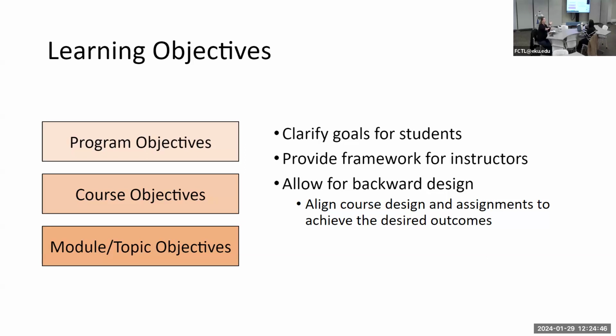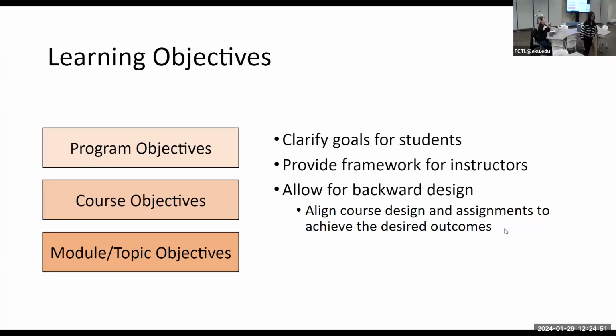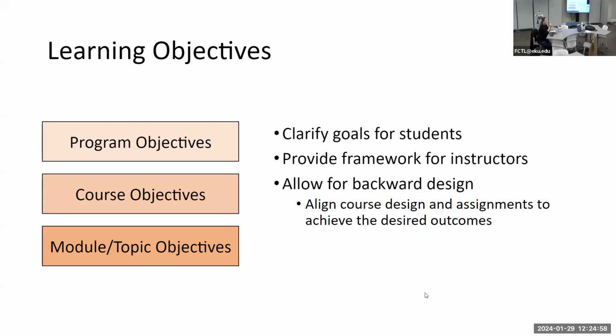We call this backward design, where you have your topics and then work your way backwards to ask how we align our course design and assignments to achieve the outcomes we've already said are important. As a faculty innovator, I have all these great ideas of innovative things to do in my classroom, and I always have to come back to, does this actually fit with the course design and the course objectives that I have?